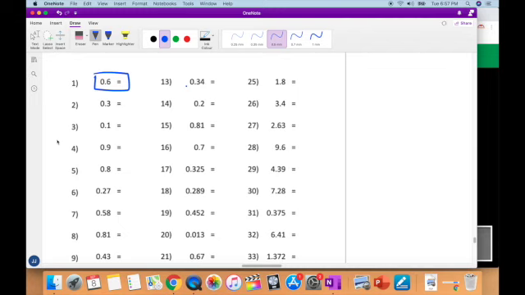How do we do that? I got 0.5. Right, so how do we do that though? When you have a decimal, 0.6, how do you change it to a fraction? What is the first thing you have to do?